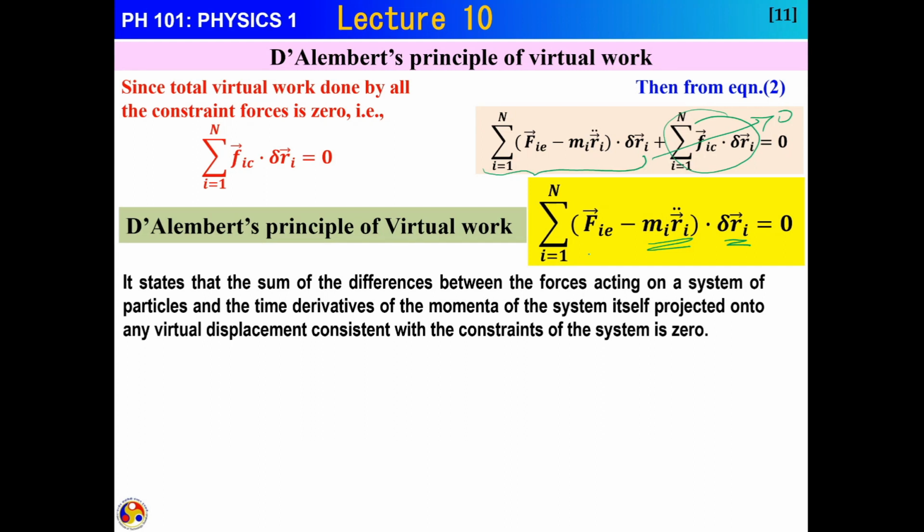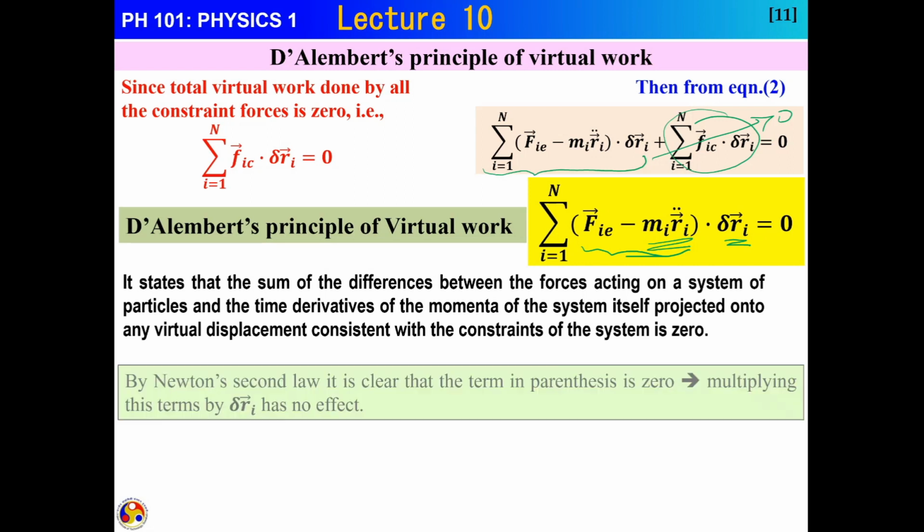Now, if you look at what is inside, it is actually Newton's second law. It tells you that the term inside the bracket has to be 0, such that multiplying anything with this term is not going to give you any effect.